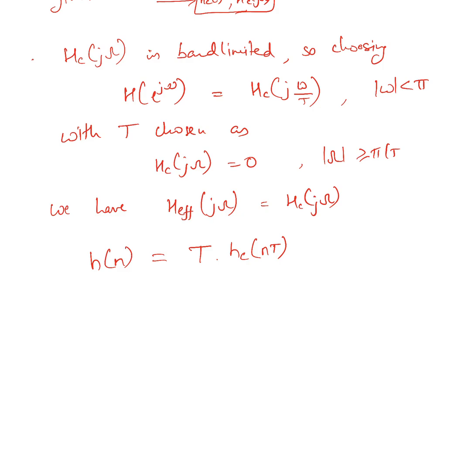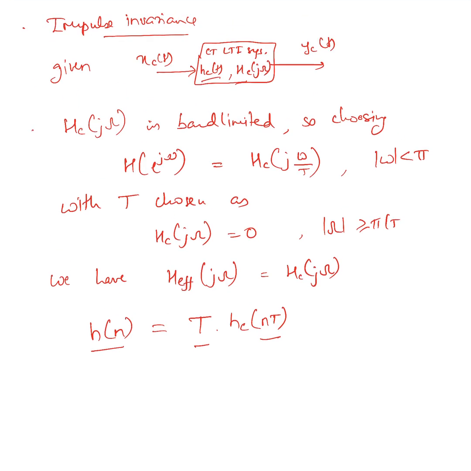So what it implies is that the impulse response of the discrete time system is a scaled sampled version of hc of t, the impulse response of the continuous time system, and this is what we call the impulse invariant version of the continuous time system.